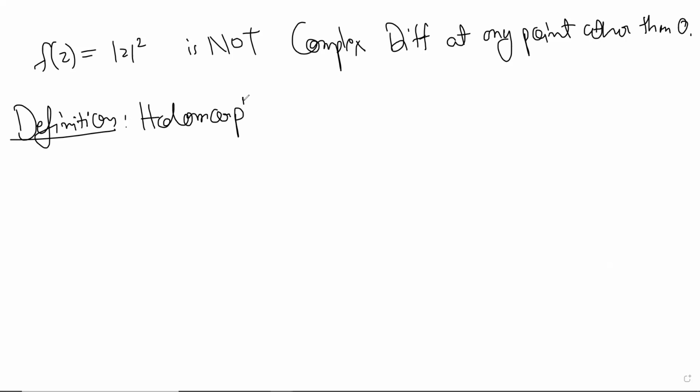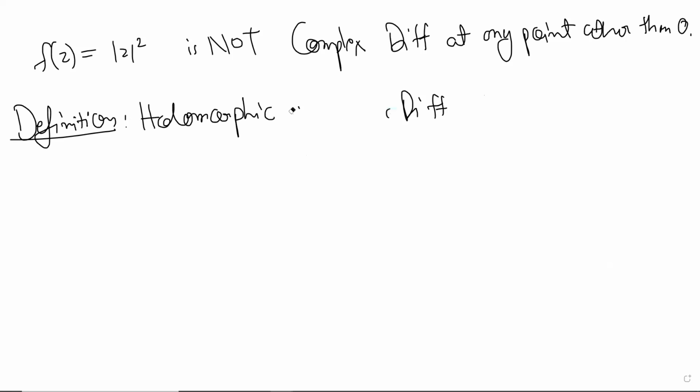Now, holomorphic function is not actually the same as complex differentiable. It's not exactly the same. Let me just make a loose definition. Holomorphic means complex differentiable in a neighborhood.